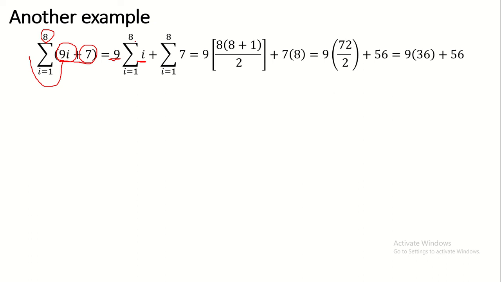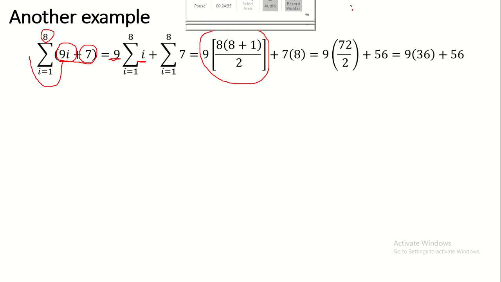So, we can write that as 9 times the summation of i from i is equal to 1 up to 8, plus the summation of 7 from i is equal to 1 up to 8. So, dito sa part na to, we're going to apply the formula n times the quantity n plus 1 divided by 2.